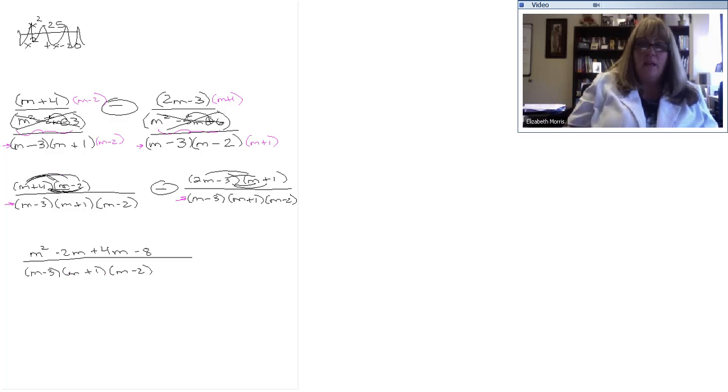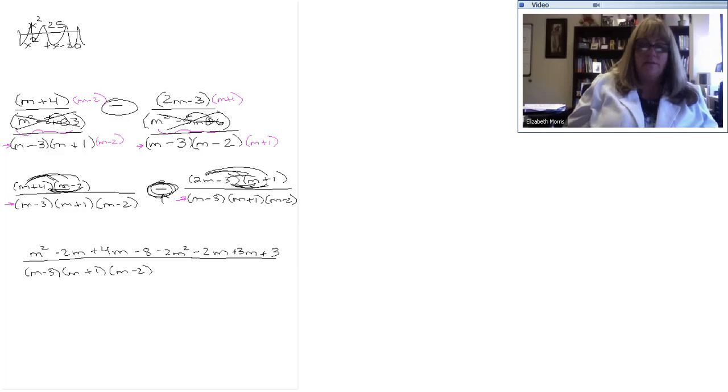Now, here, 2m times m is 2m squared, but it's minus 2m squared. 2m times 1 is 2m, but it's minus 2m. Negative 3 times m is negative 3m, and when you subtract a negative, you get a positive. And negative 3 times 1 is negative 3, but when you subtract a negative, you get a positive.